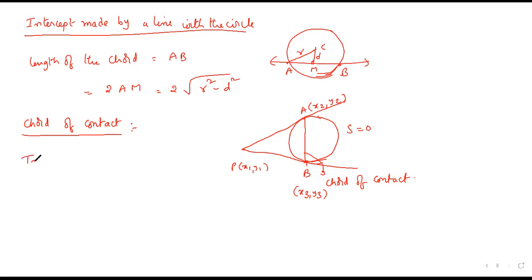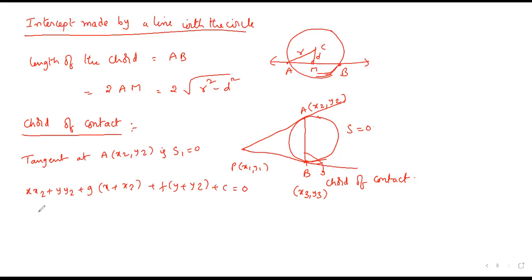So the tangent at A(x2, y2) is S1 equal to 0. S1 for (x2, y2) is x x2 plus y y2 plus g into x plus x2 plus f into y plus y2 plus c equals 0.